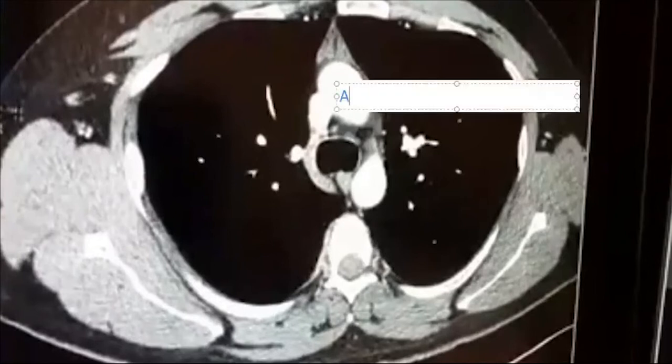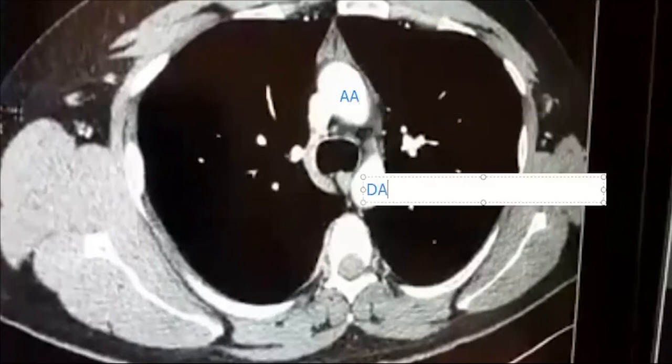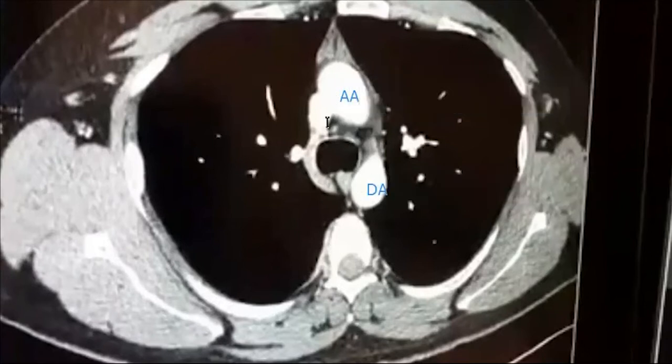This is the descending aorta, and this is the ascending aorta. Here we can see a new structure emerging. This is the azygos vein. It drains into the superior vena cava.